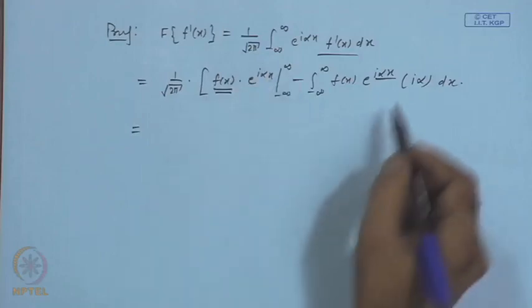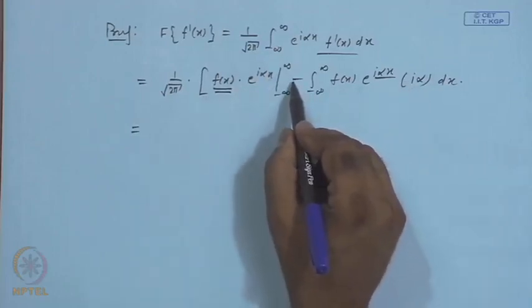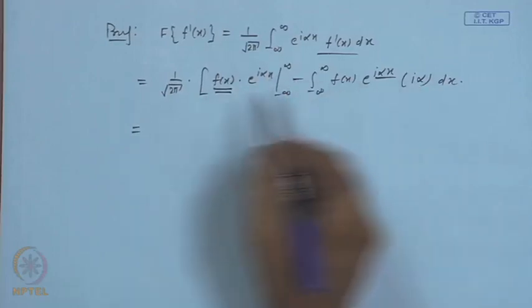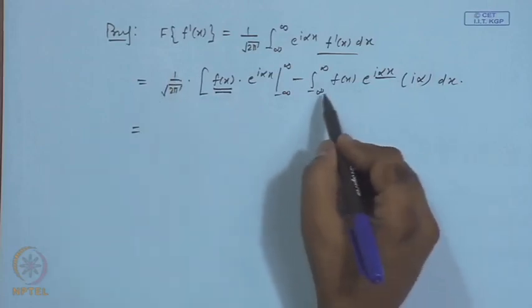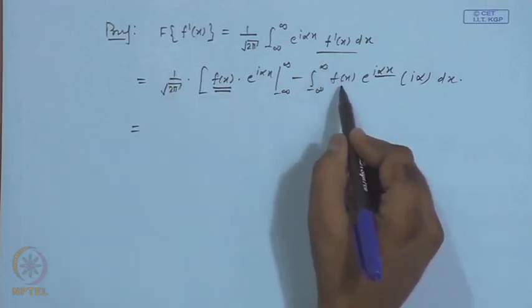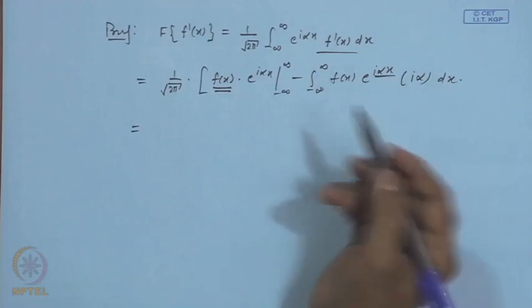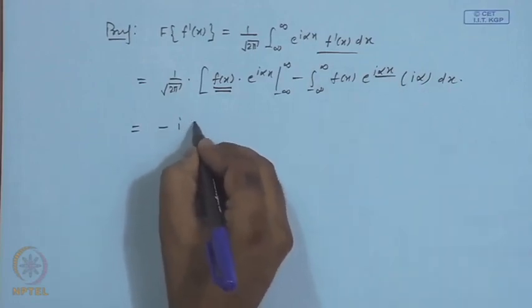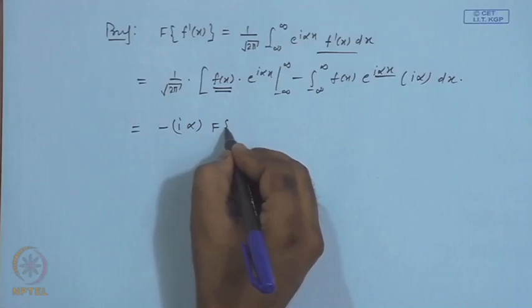So, this term will vanish, and then we have minus iα times 1 over square root 2 pi, integral of f(x) e^{iαx} dx, which is the Fourier transform of f.